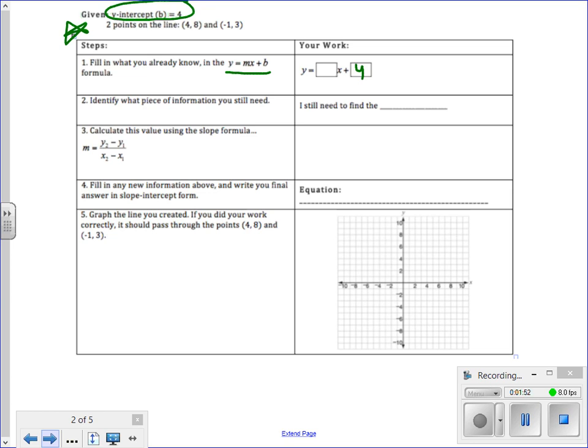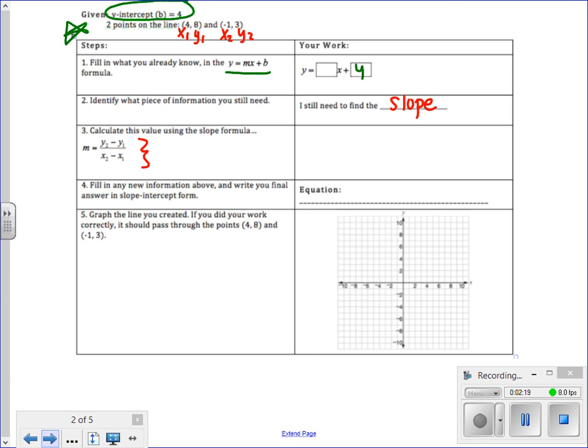Because I know the y-intercept, I still need to find the slope of the line. Lucky for you, you are very good at finding the slope using the slope formula here, y2 minus y1 over x2 minus x1. So I'm going to go ahead and label these points x1 and y1, x2 and y2, just in case you need to organize.